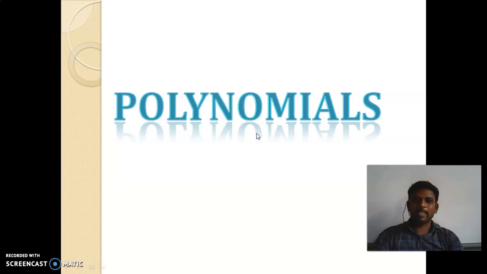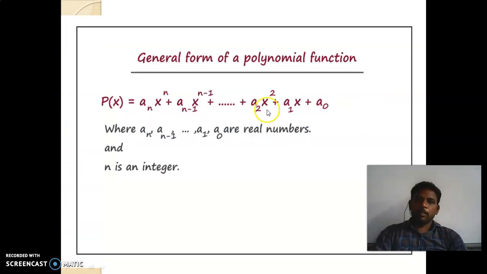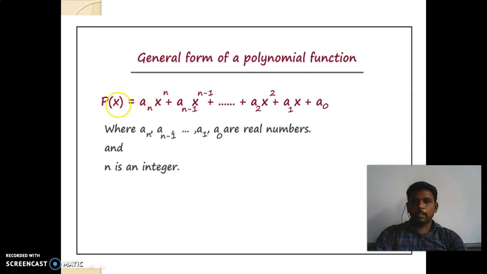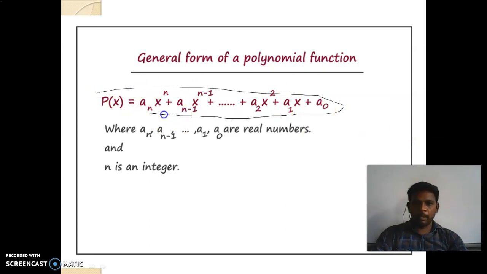So first, what is a polynomial? So look here. So that is a general form of a polynomial. p of x equal to a n x to the power n, plus a n minus 1 x to the power n minus 1, plus etc., plus a 2 x square plus a 1 x plus a naught.